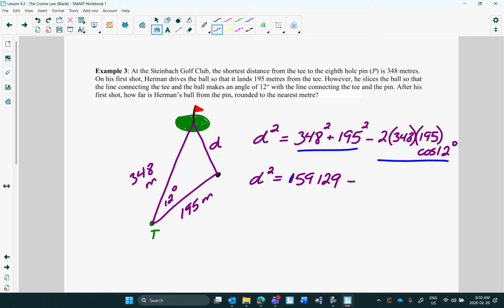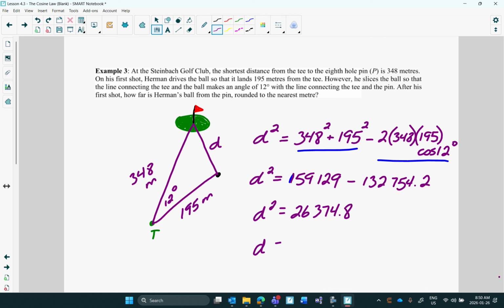And if we just round that again to one decimal place, we get 132,754.2. Subtract those two. We should get d squared is equal to 26,374.8.